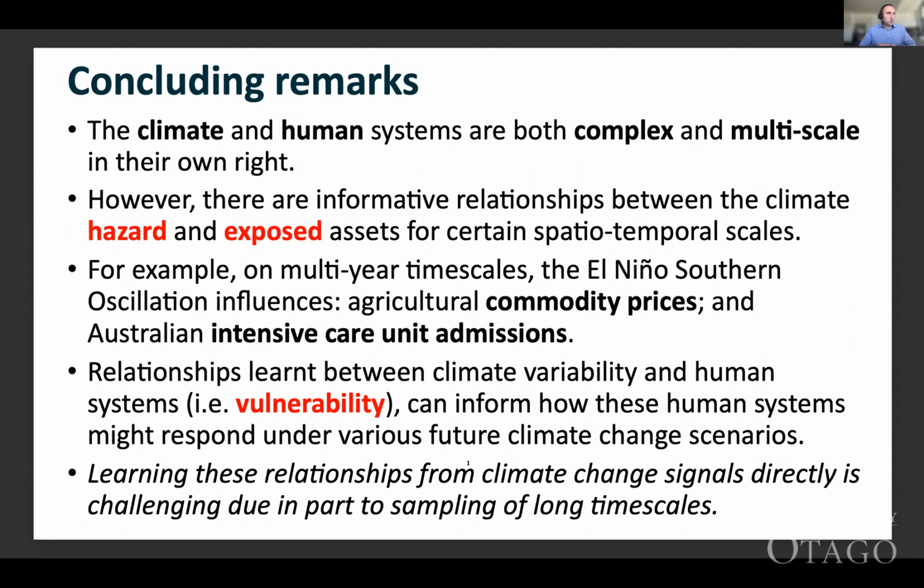These relationships learnt between the climate variability and human systems, i.e. the vulnerability, can inform how these human systems might respond under various future climate change scenarios. One other point to make here, I think, is that learning these relationships directly from climate change signals is challenging, due in part to the sampling of these very long timescales.